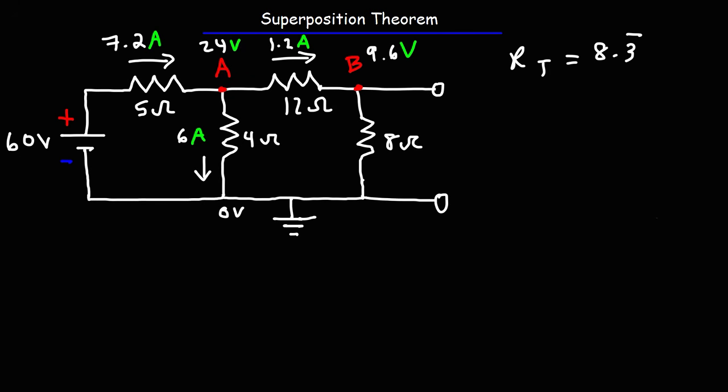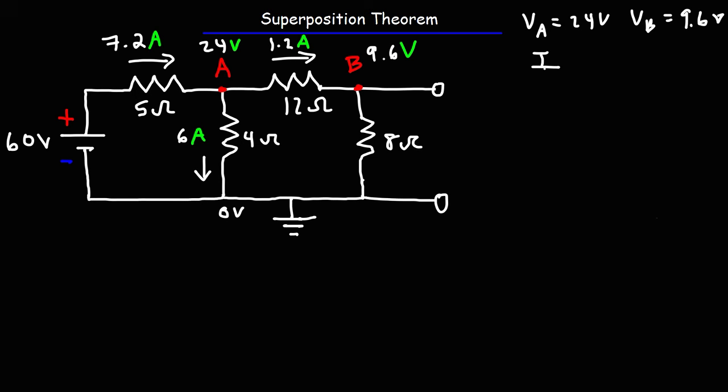So we're done with the first part of the problem. But the data that we need to keep right now is the potential at point A and B. So I'm just going to rewrite that here. So the potential at A for the first part of the problem is 24 volts, and the potential at B for the first part is 9.6 volts.